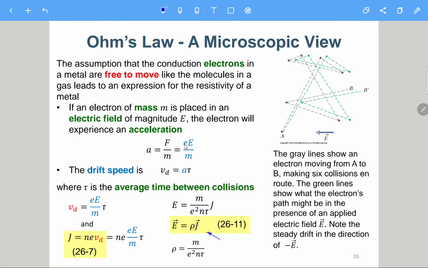So we just take a small e here. We only consider the magnitude. So a, the acceleration, is eE over small m. And we assume that the drift velocity is this a multiplied by tau. Tau is the average time between collisions.